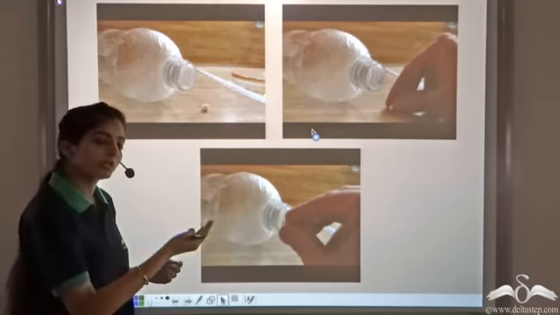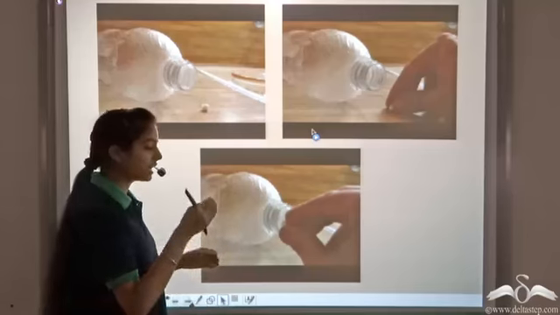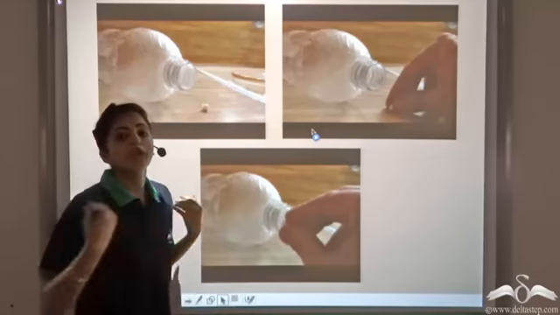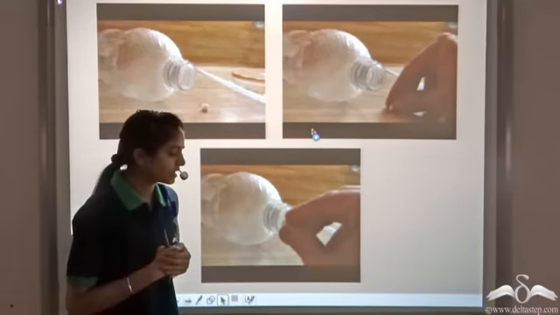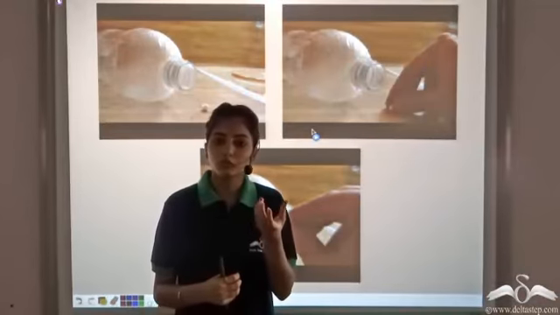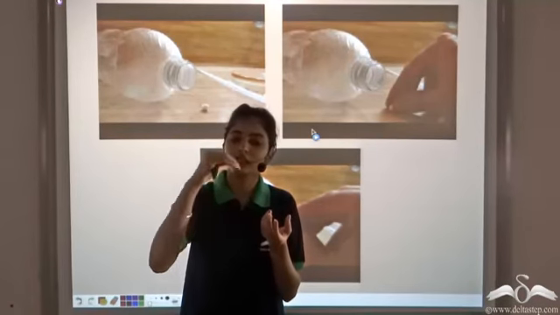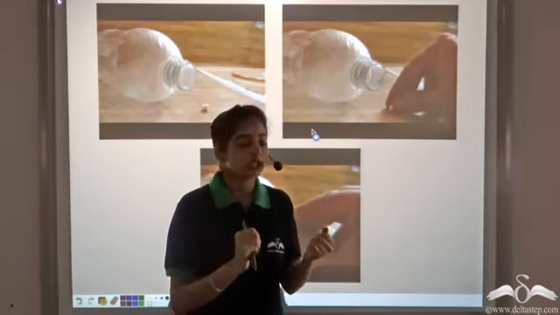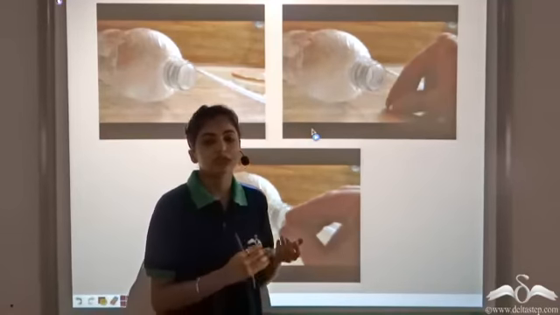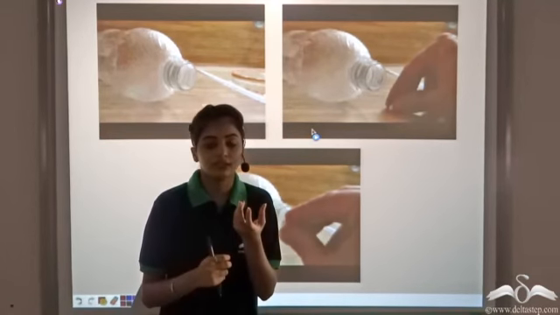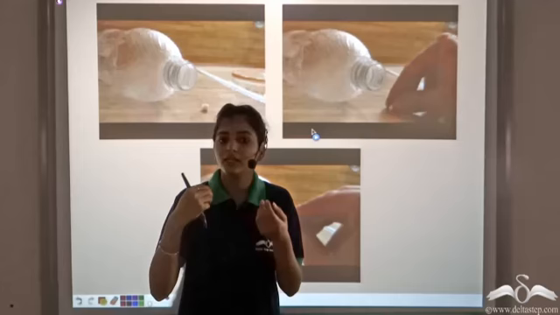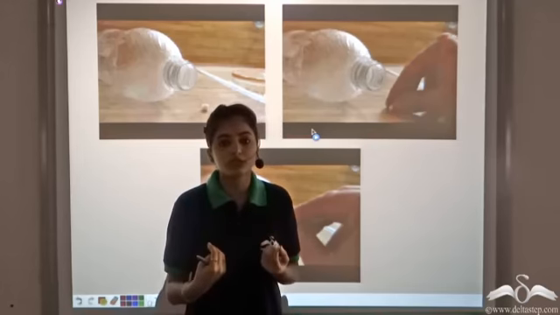So when you try to blow inside air, you'll observe that as you blow in air, the paper ball flies out of the bottle. Why did this happen? When you had a bottle which was full of water, you added more water, the water overflowed. Similarly, an empty bottle which appeared empty, it had air in it. When it was full of air and you just blow in air, you are not able to observe a change.